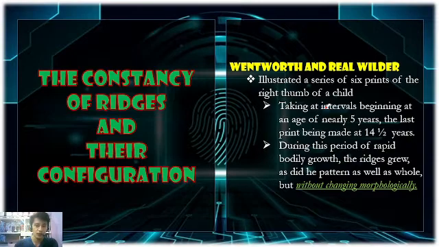So we have here Wentworth and Wilder. They illustrated a series of 6 prints of the right thumb of a child. So they tried to study the fingerprint found on the right thumb of a child.